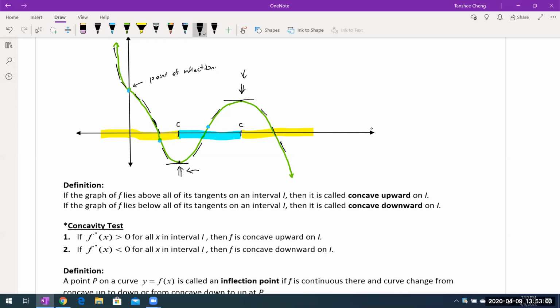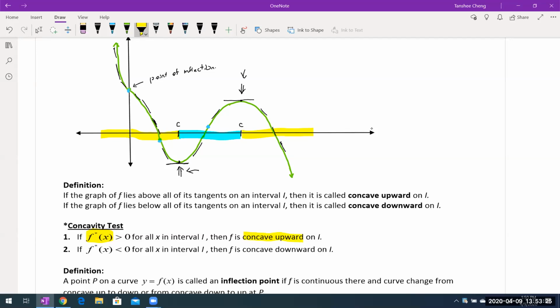The concavity test basically states that if the value of the second derivative is greater than 0 on a certain interval, then we call the function concave upward on that interval.